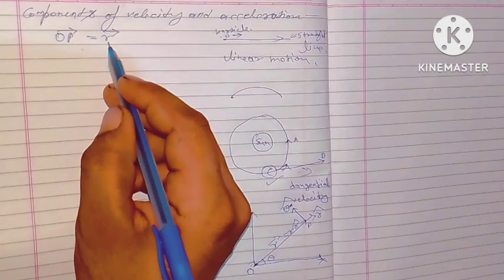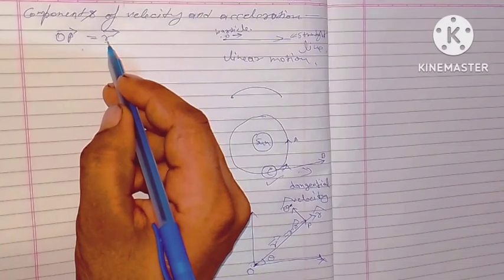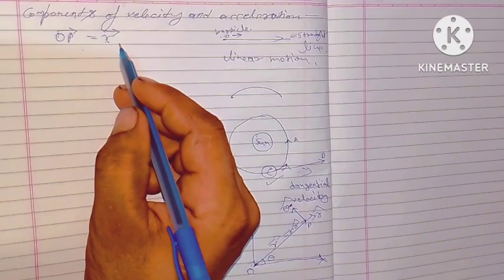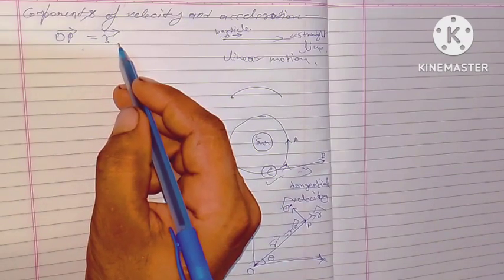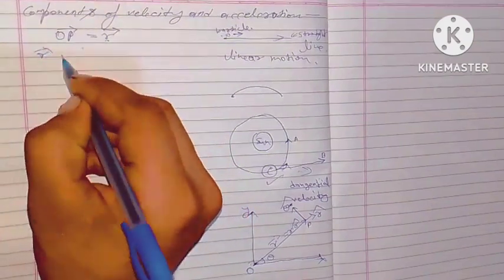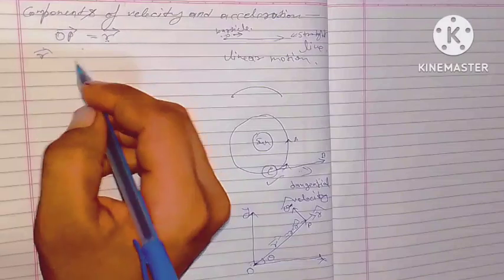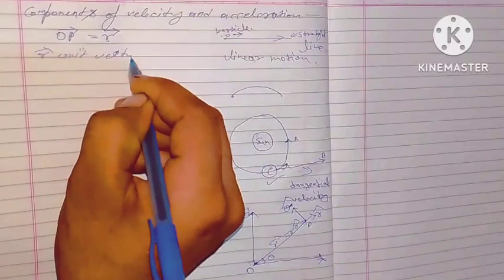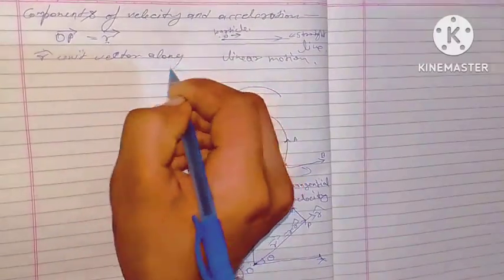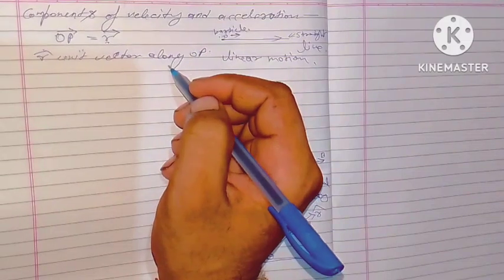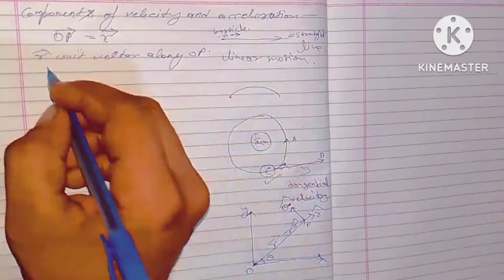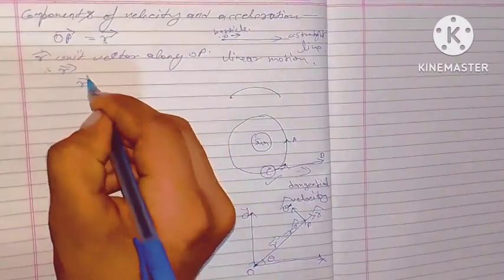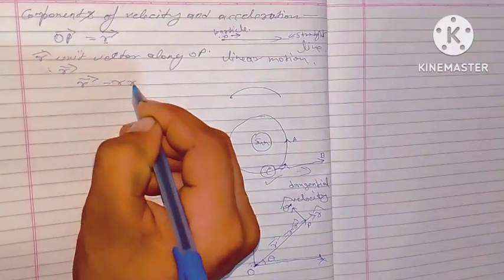If unit vector r is the unit vector along OP, that is along the direction of vector r, then vector r equals r times unit vector r.